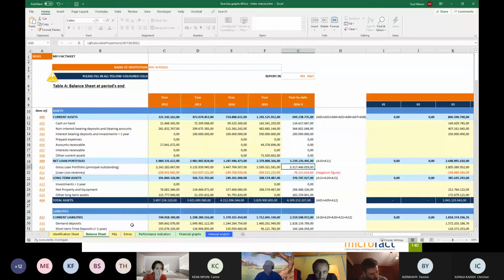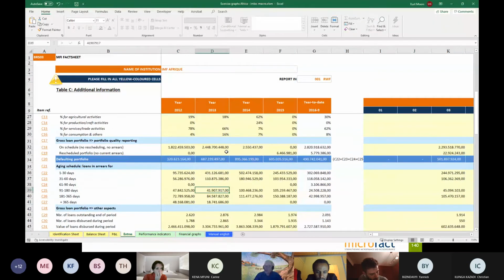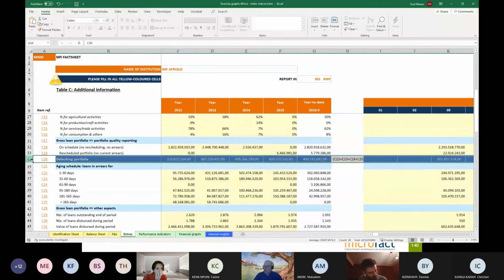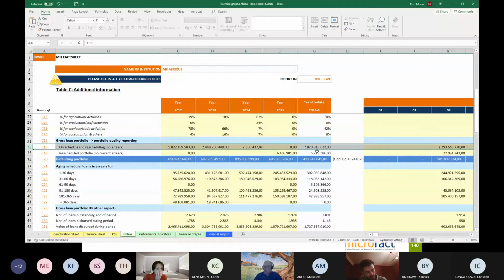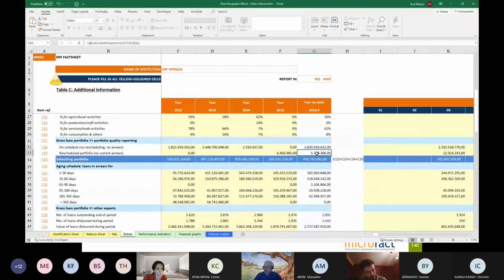On the extra, here you have the defaulting portfolio, including on schedule, that's the larger part, the green part, 2.8 billion, a little bit rescheduled, and a number of defaults between 1 and 30 days, 30 to 60. There is nothing more than 1 year. So that's the contaminated part in real figures.